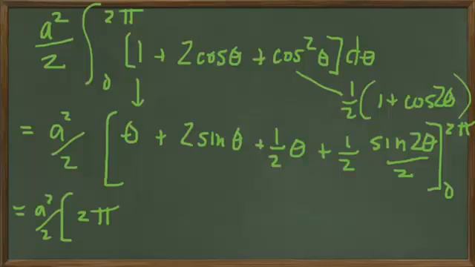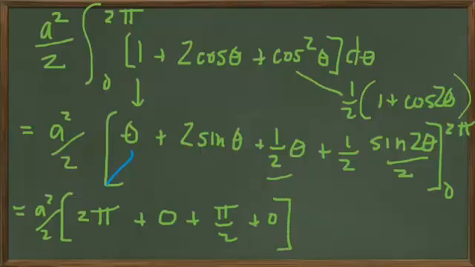So let's notice that when we plug in 0 into all of these expressions here, they are all going to be 0, so we don't need to bother with the plugging in of the 0 part, just the plugging in of 2 pi. So we plug in 2 pi to theta and get 2 pi, plug in 2 pi to sine theta and get 0, plug in 2 pi to this term here and get pi, because it's 1/2 times 2 pi, and plug in 2 pi to the last term, because it's sine, we get 0.